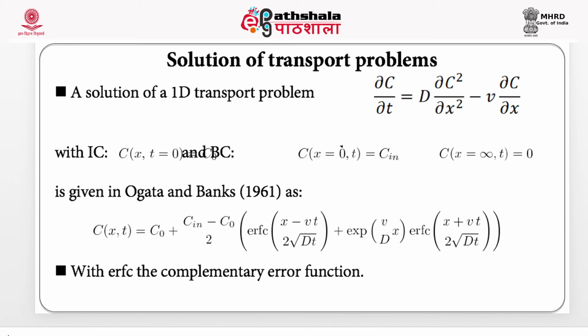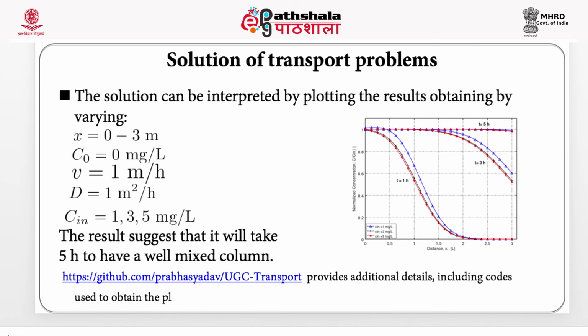Now, how do we interpret this solution? This can be mostly done by simulating different scenarios, and that is what is seen in the next slide. The solution can be interpreted by plotting the results obtained by varying, for example, the length of the aquifer, the inlet, the velocity field, or different inlet concentrations.